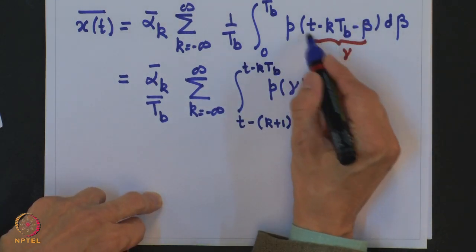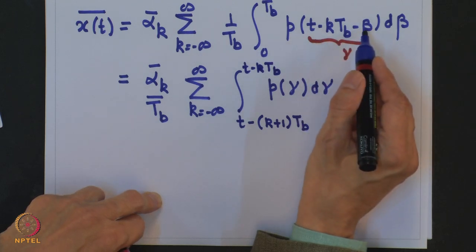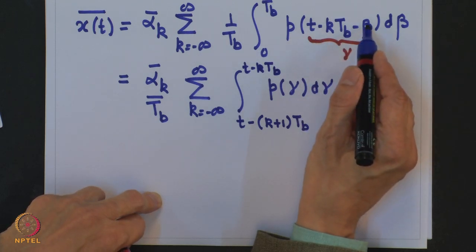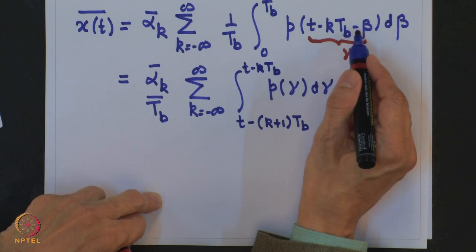Note that when I take the derivative of this with respect to beta, I will get a minus sign.